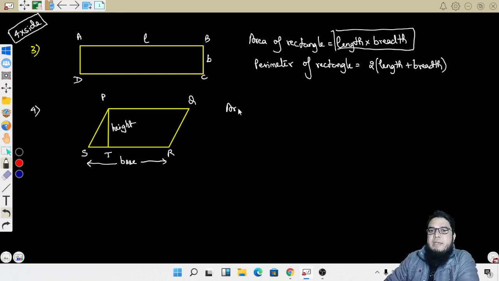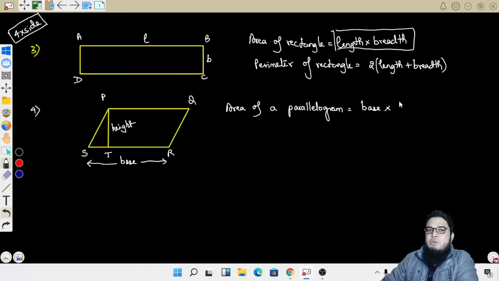So if we talk about the area of a parallelogram, in the rectangle we have the length, that is the base, into height. In a similar way, for the parallelogram, we have base into height. So the area of a parallelogram is base into height.